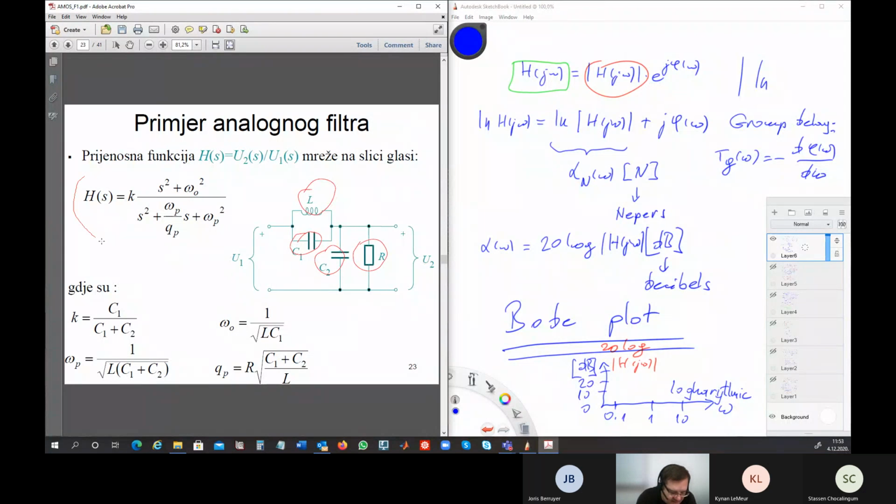And here is the transfer function, and here are the parameters which we already know: Q, omega P, omega 0, and K. Omega 0 is the same as omega P, but it is only in the numerator. Omega P is in the denominator. Omega P is for poles, omega 0 is for zeros. And here are the values of them when you calculate it. So I hope you know how to calculate this transfer function.